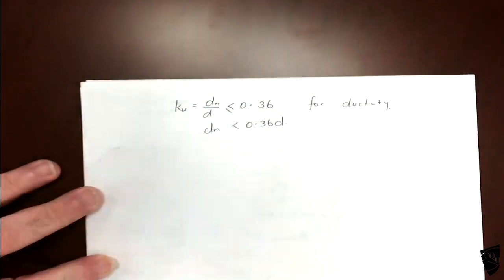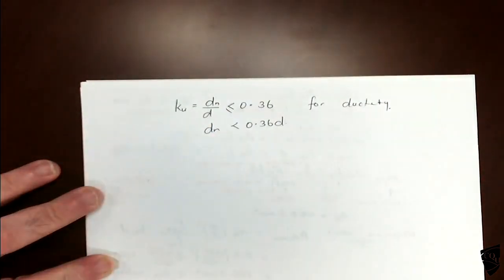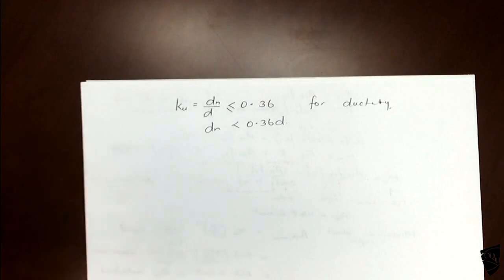If we exceed, the ductility requirement will not be satisfied. But where they said you cannot exceed, do you have any standard says you cannot exceed 0.36? No, nowhere in the standard they mention that one.